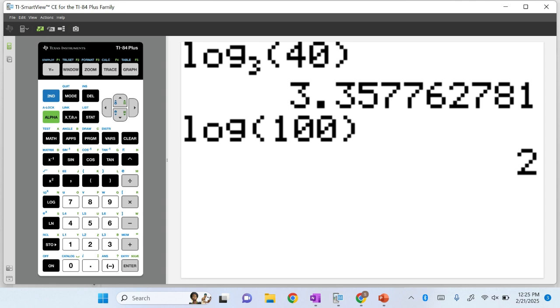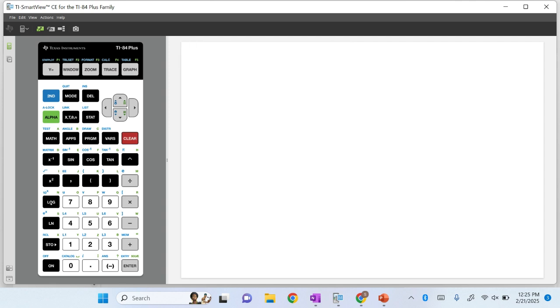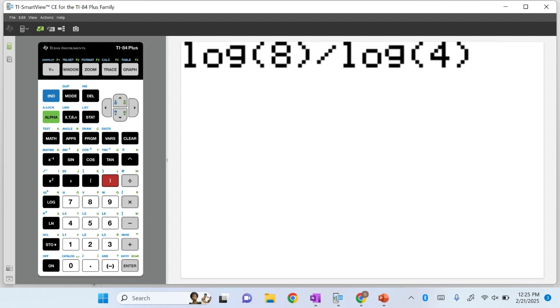In your calculator, we're going to use the log key, the one that's to the left of 7. So we're going to do log 8, close the parentheses, divided by log of 4, close the parentheses. Make sure you close those parentheses or it'll screw it up. And then hit enter. And we get 1.5.